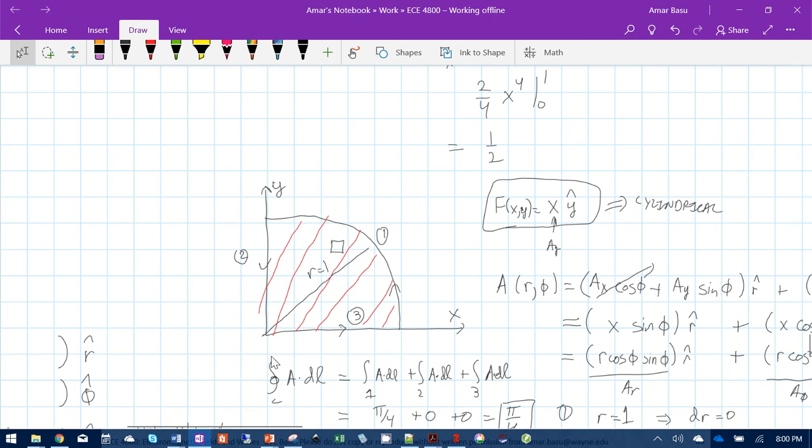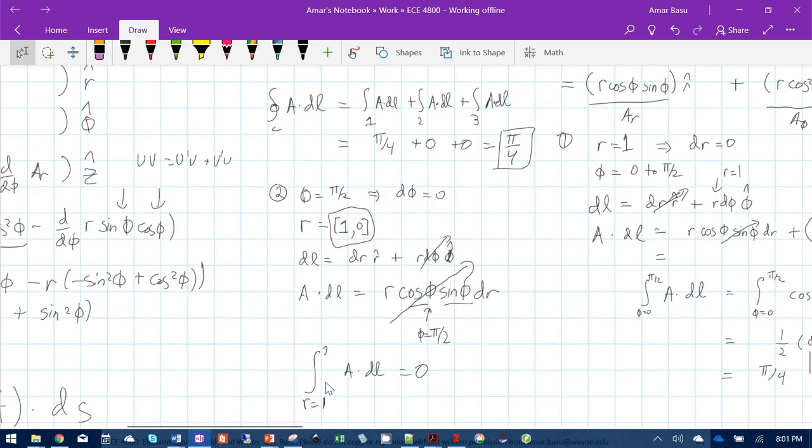Not quite. It'll be similar to the equation for this line. Are we at constant phi or constant radius? Phi equals 0. That's correct. Everywhere along this line, phi is equal to 0. So the equation here is phi equals 0, and what are the limits of integration here? R equals 0 to 1, correct.